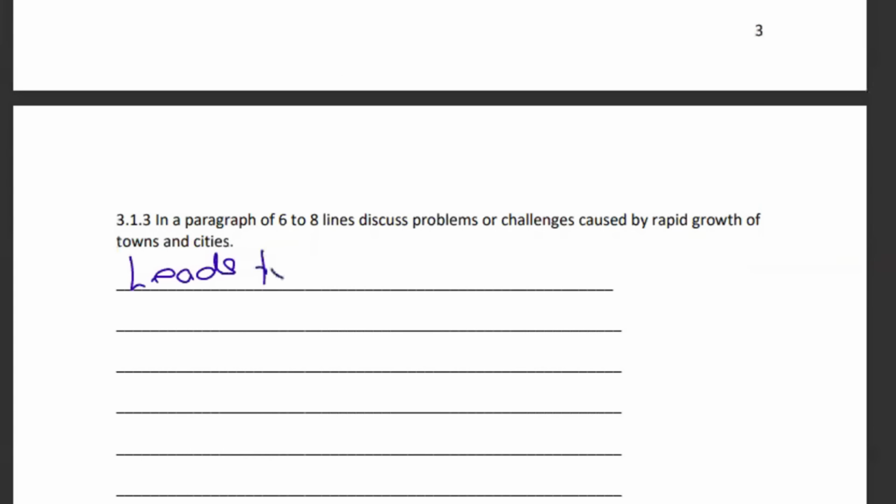So it leads to an increase in number of people.